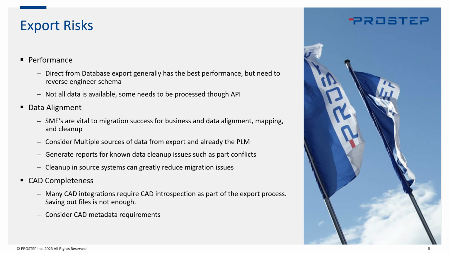We also at ProStep use the certified APIs of these systems to pull data in many cases. Sometimes there's a high performance API specifically used for migration that we can use as well. Those exist, and depending on the performance requirements, we could adopt those.